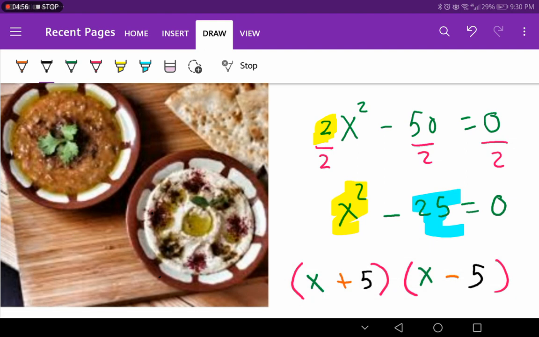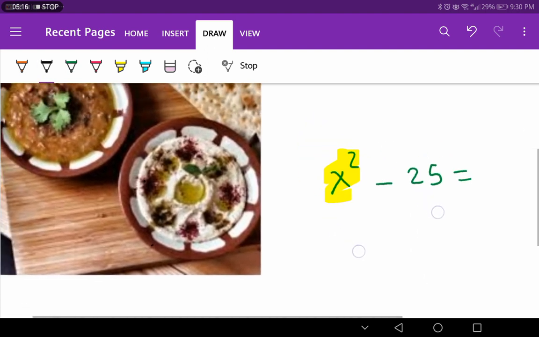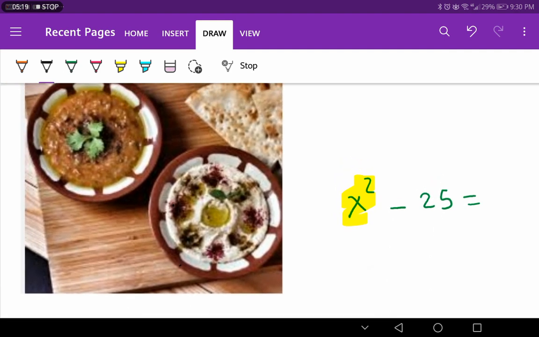Me too. What if I have here another number, for example, let me think about it to make it a perfect square. If it is 11 here, and he asks you to solve this equation, what you learned before is to make the x squared alone.